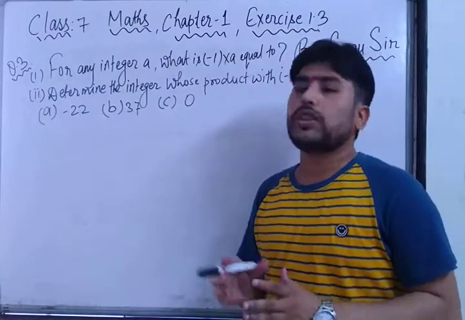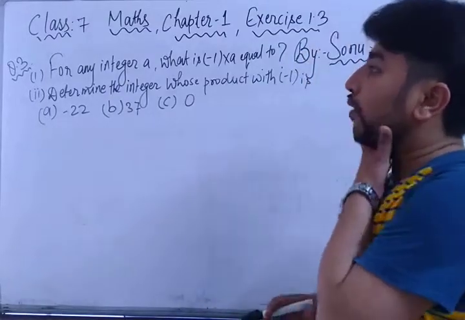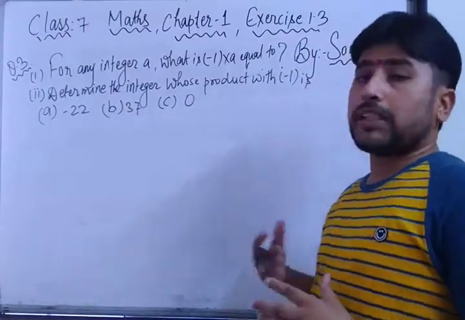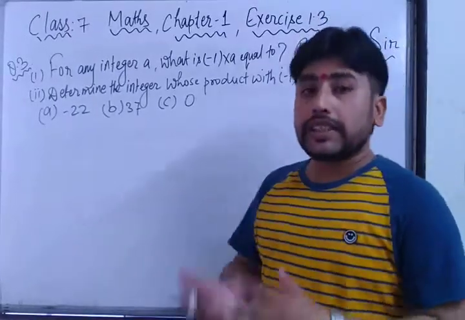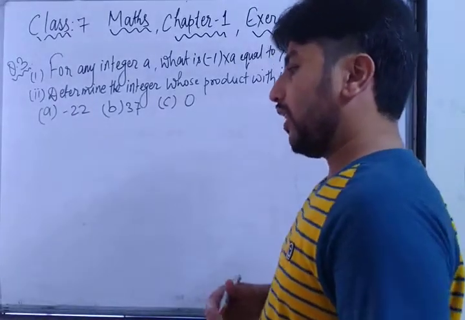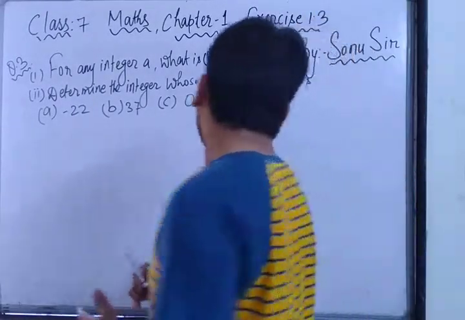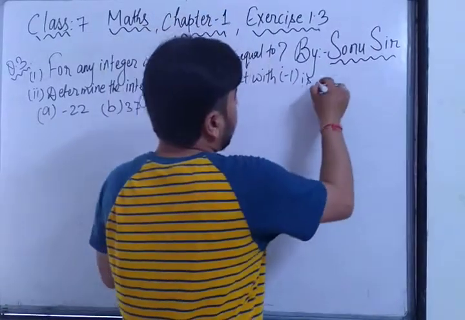In this also the same kind of question is there, but one thing we have to understand is that when you are multiplying integers with a negative or positive integer, you must know the rules. Once again, I am giving you the information.